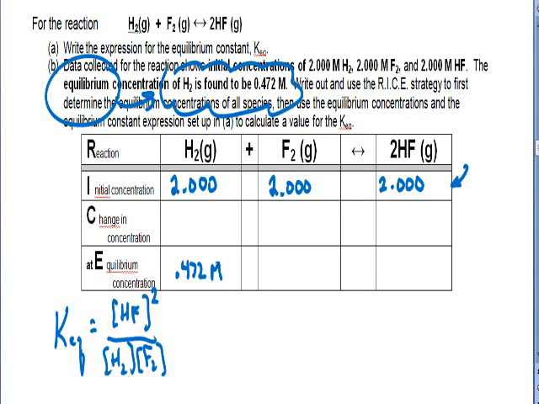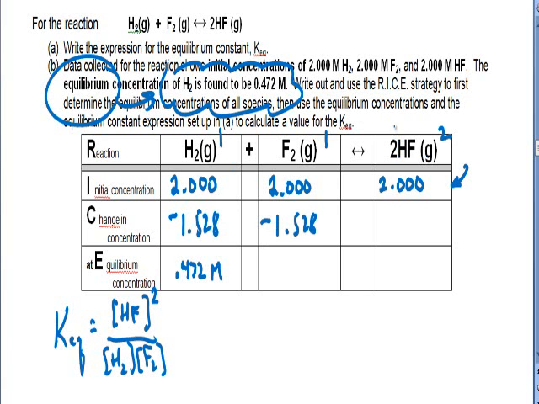This also allows us to find the size of the change, in that to go from 2.0 to 0.472, this had to go down by negative 1.528 molar. Now the reaction, because it's a 1 to 1 to 2 ratio in this balanced equation, if the H2 went down by 1.528, the F2 also would go down by 1.528.